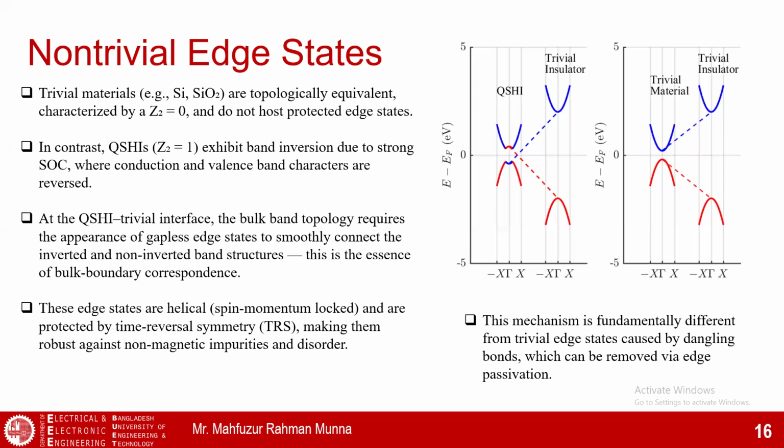That means the up spin electron will use one edge to go from source to drain, and the down spin electron will use another edge to travel from source to drain, and they are highly robust under non-magnetic impurities. The origin can be described by employing the bulk boundary correspondence principle.